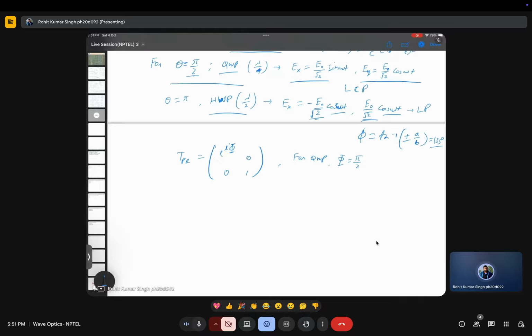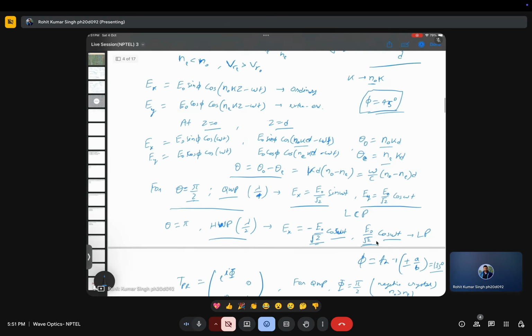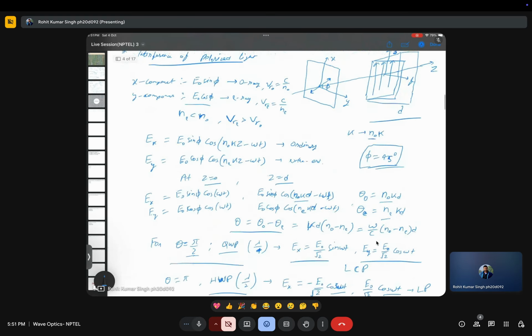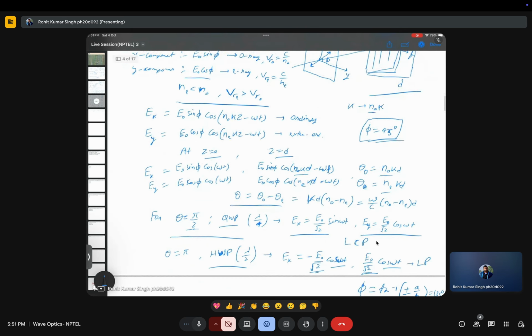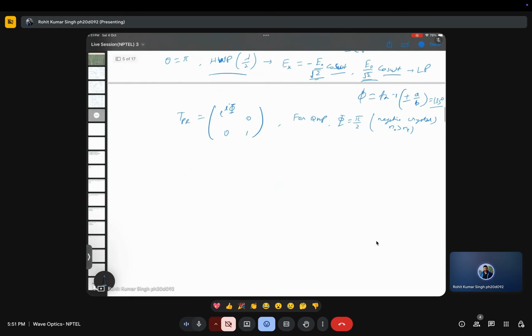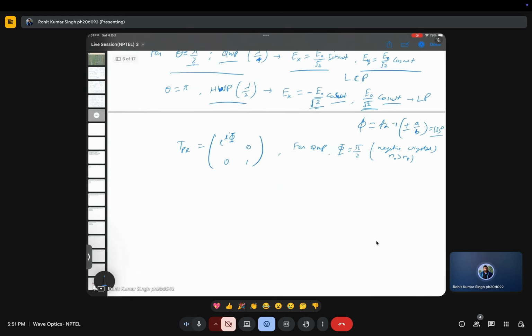But this is for when you have a negative crystal. So till now we have discussed negative crystal, where NO is greater than NE, okay? And if you do the same derivation with a positive crystal, you will see that the phi comes out to be negative, minus of pi by 2. This is for a positive crystal.